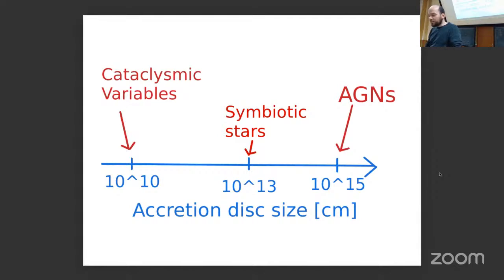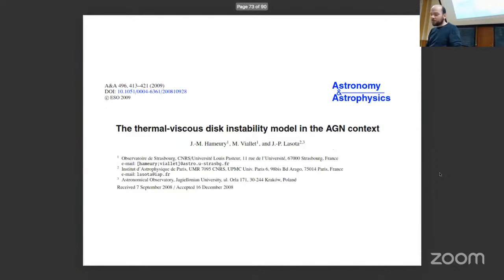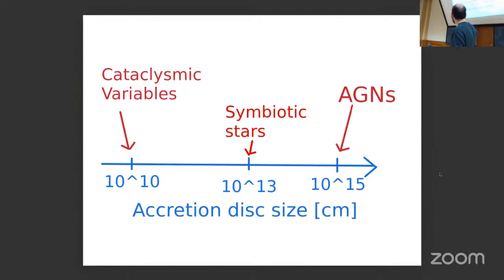And it's really interesting because a lot of people, for example in this paper, try to predict dwarf nova outbursts in AGN disks, but no one knew whether dwarf nova outbursts can happen in accretion disks larger than cataclysmic variables. So T Corona Borealis proves that at least they can happen in an accretion disk halfway there on the logarithmic scale. So it's really cool that we can use binary stars to push accretion disk physics for AGNs.